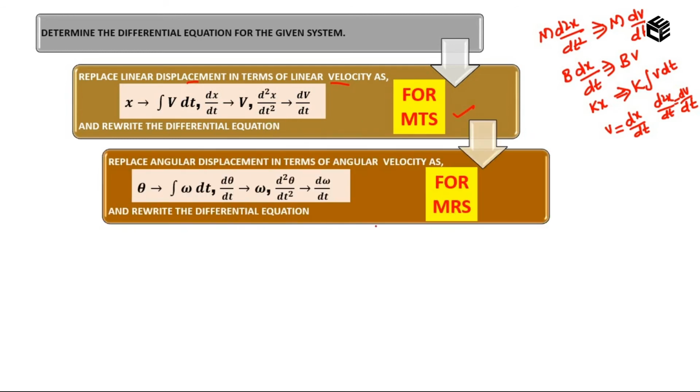For mechanical rotational system, we replace the angular displacement, theta, in terms of angular velocity omega.